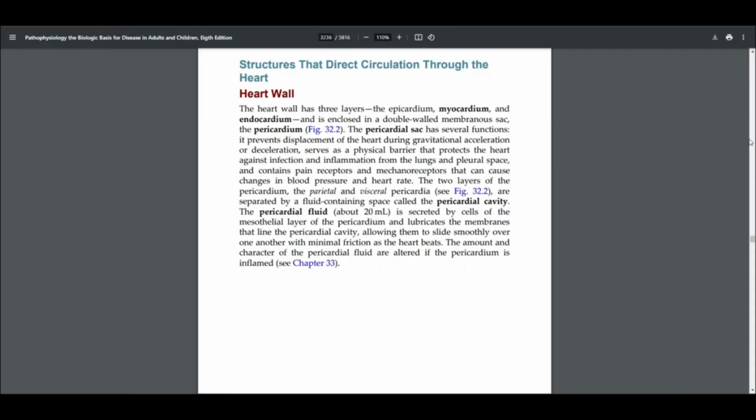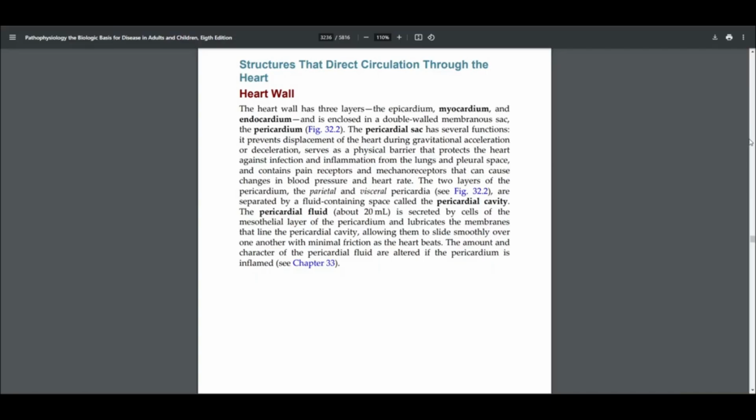The 2 layers of the pericardium, the parietal and visceral pericardia, are separated by a fluid-containing space called the pericardial cavity. The pericardial fluid, which is about 20 ml, is secreted by the cells of the mesothelial layer of the pericardium and lubricates the membranes that line the pericardial cavity, allowing them to slide smoothly over one another with minimal friction as the heart beats.